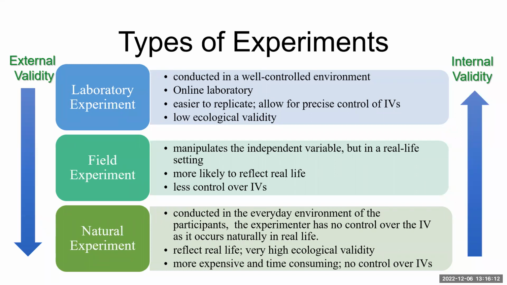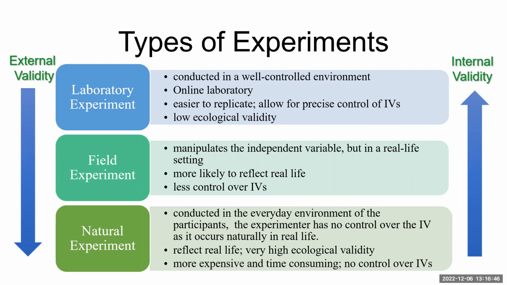That is the best way to reach the conclusion that X causes Y. So the internal validity would be the highest for lab experiment, because you control all the possible variables that may cause the dependent variable. Everything is controlled. The only thing not controlled is your independent variable. That way, it's very easy to conclude that X causes Y.